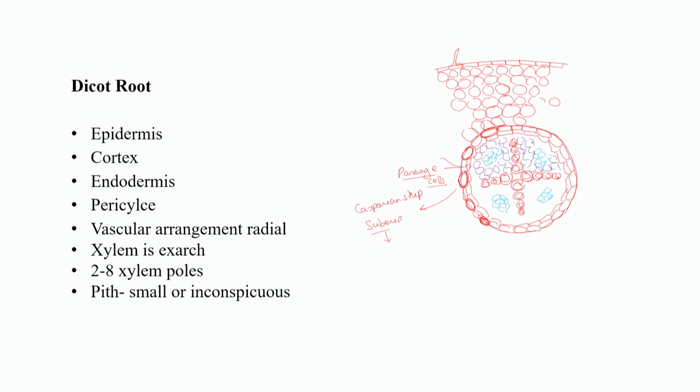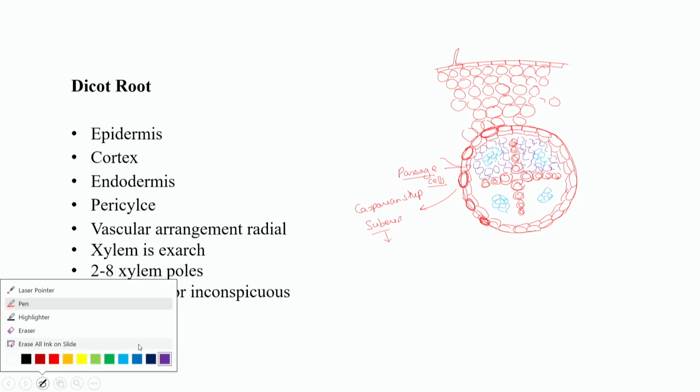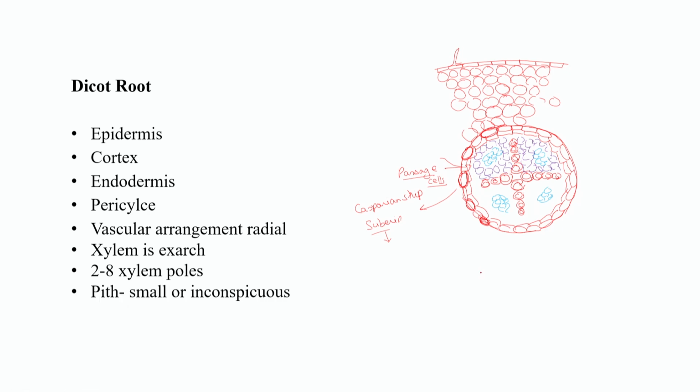When you observe the internal structure of this stele, you will see that the vascular arrangement is radial. This is a very important feature of a root, where you have different patches of xylem and phloem. The xylem and phloem will not be found on the same radius, but on different radii. This type of arrangement is known as radial.